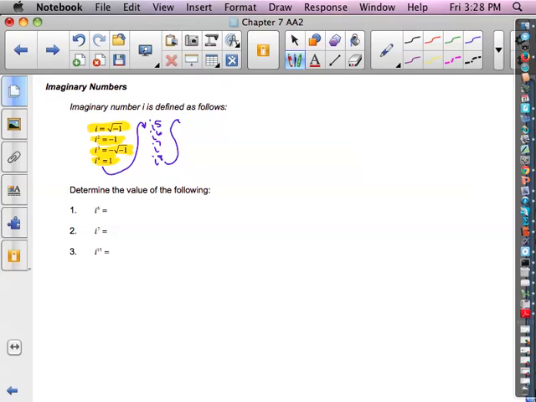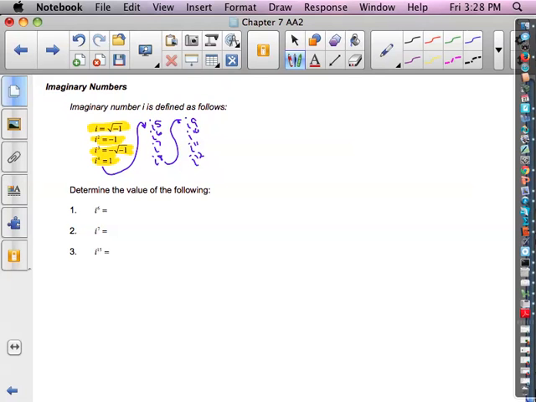And it continues on. i to the ninth is the same as i, i to the 10th is the same as i squared, i to the 11th is the same as i to the third, and i to the 12th is the same as i to the fourth. So you see it's a cycle that repeats every 4.